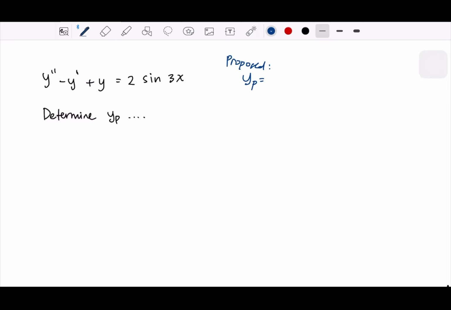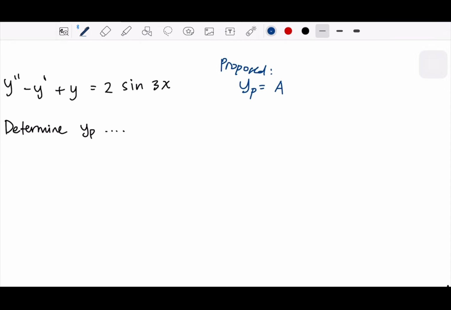So we need to write both, because when we derive, they become each other, another sine and cosine, right? If we first derive, sine becomes cosine, the cosine becomes negative sine, and we derive one more time, they become another cosine and sine, right? So I hope you get my point. So when we have this, the logical yp that we can write is a cos 3x plus b sine 3x.